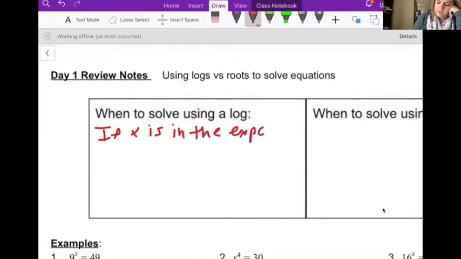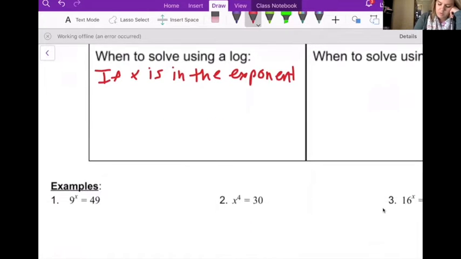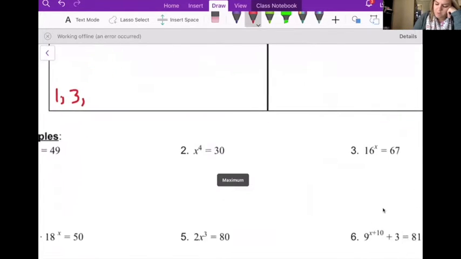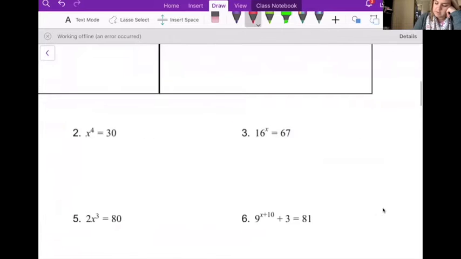And so we see this in examples like 1, 3, 4, and 6.